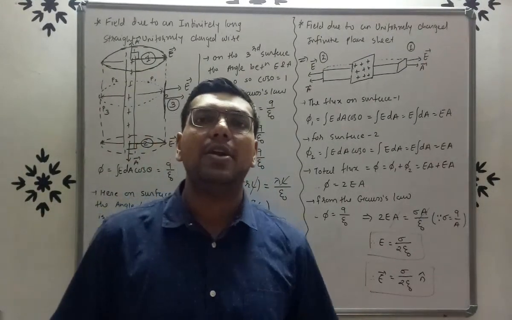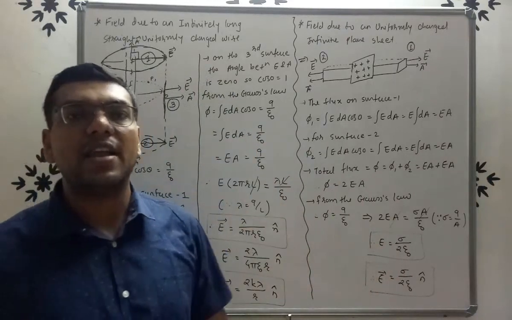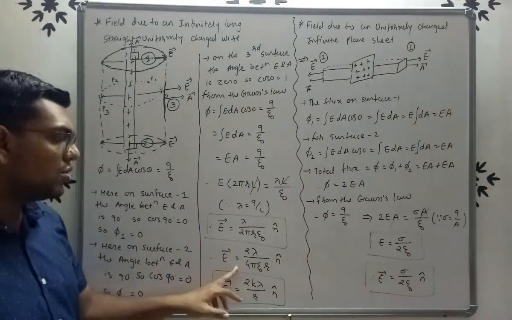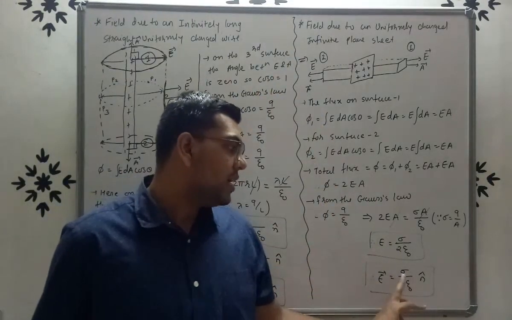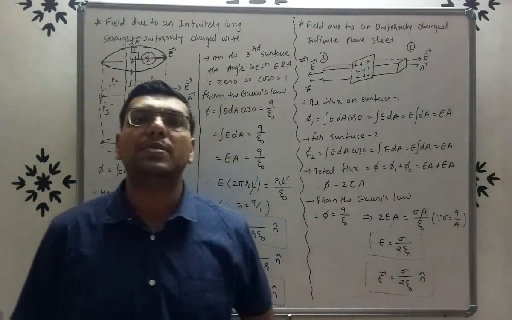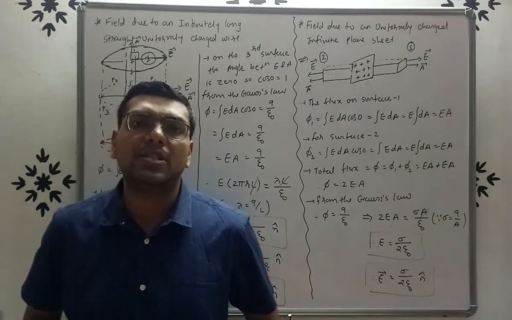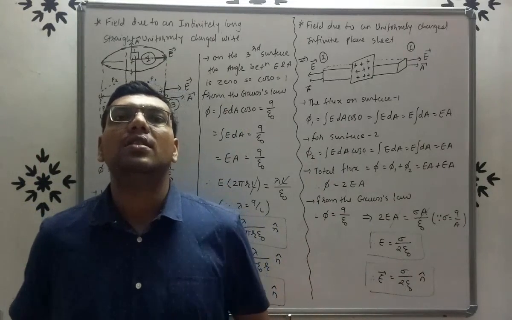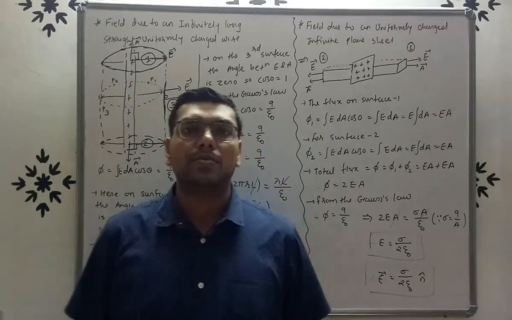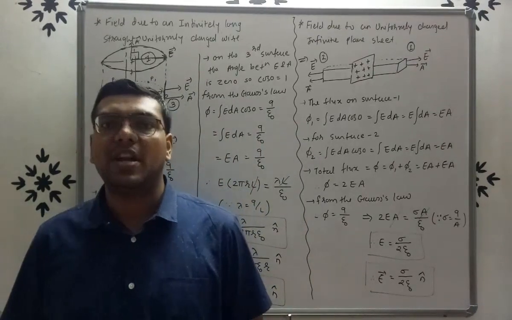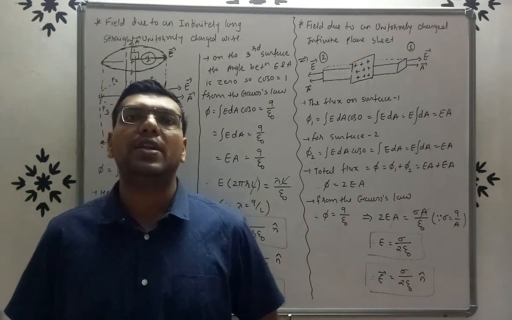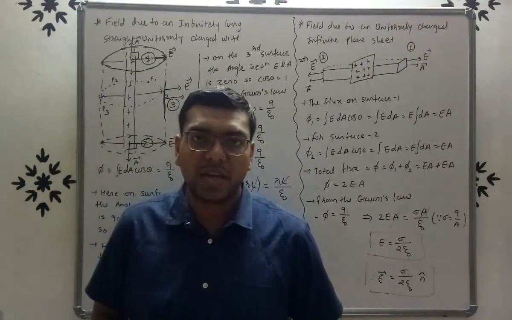So the electric field due to an infinite straight wire is E equal to 2k lambda upon R, and due to a plane sheet, E is equal to sigma upon 2 epsilon 0. So friends, you have to remember the formula of electric field due to an infinite straight wire and due to an infinite plane sheet. Okay, thank you.